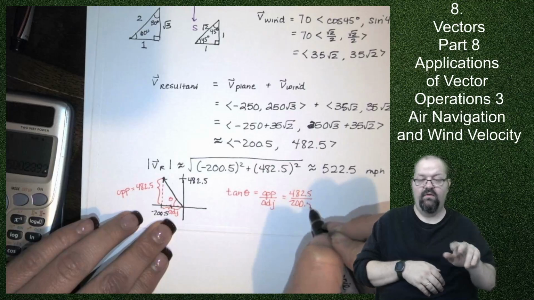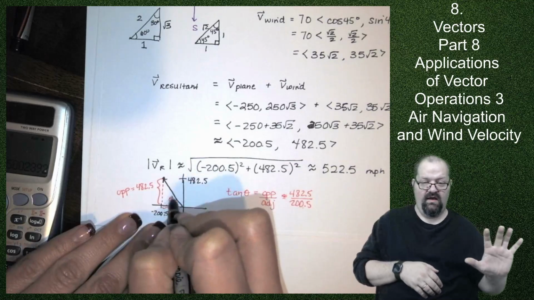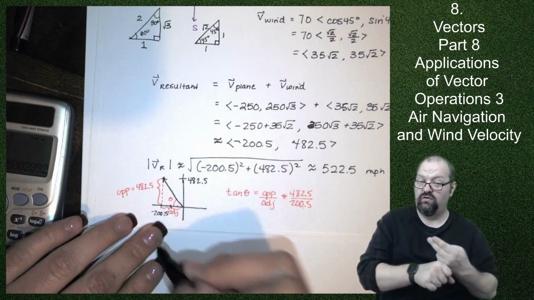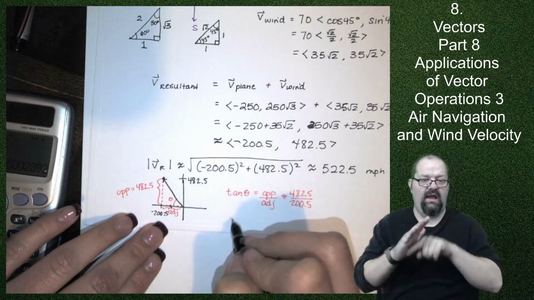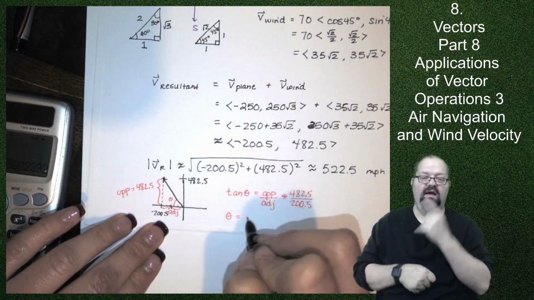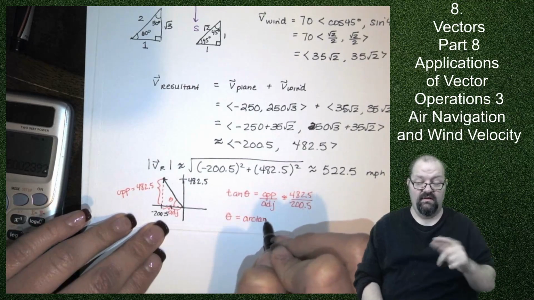I'm going to use the positive one because I'm just interested in that angle there, and then I'm going to add to it to get the bearing. So theta is the inverse tangent of that.